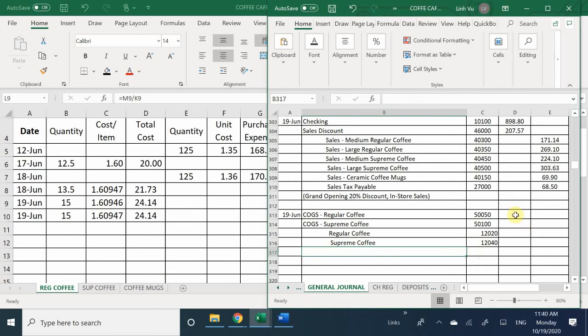So how much regular coffee did I sell? $24.14. Therefore, I need to subtract 24.14. How much Supreme Coffee did I sell?